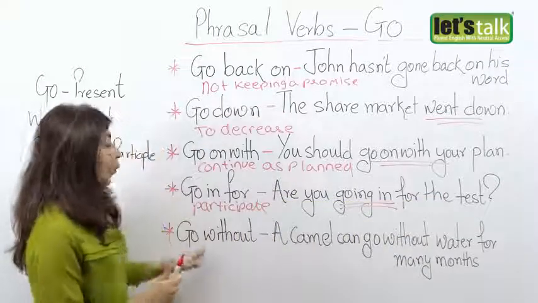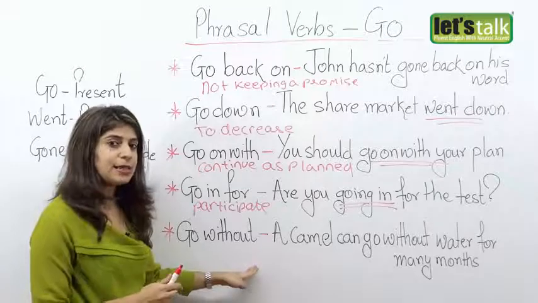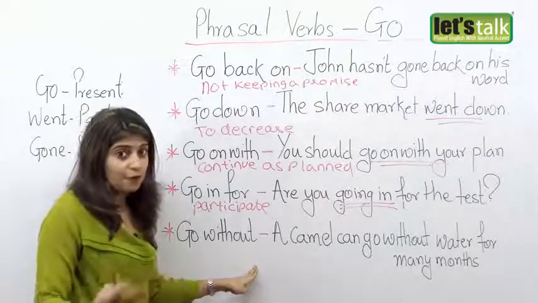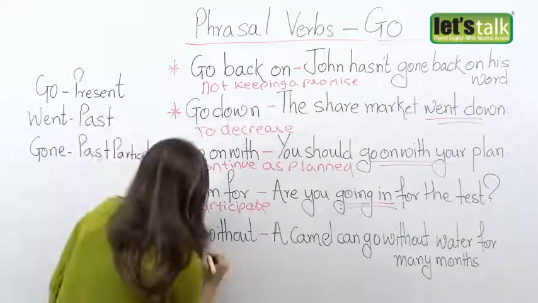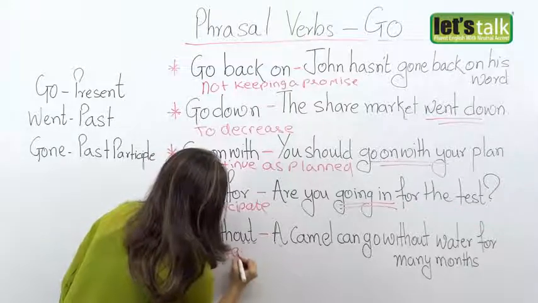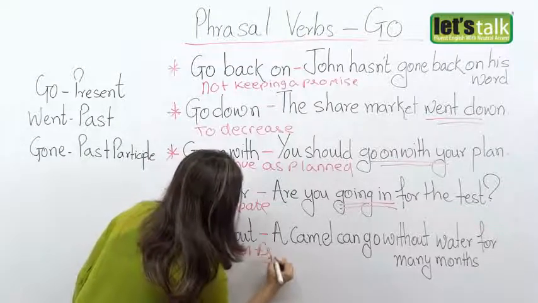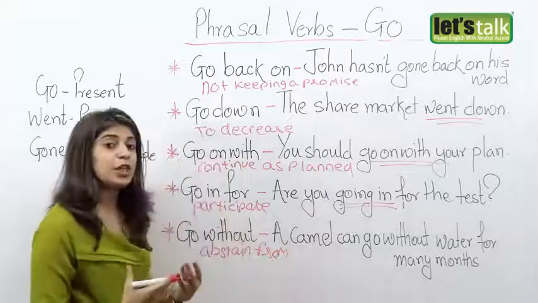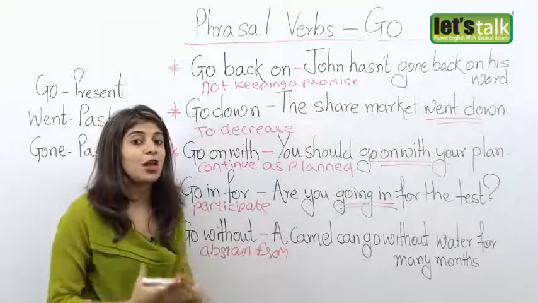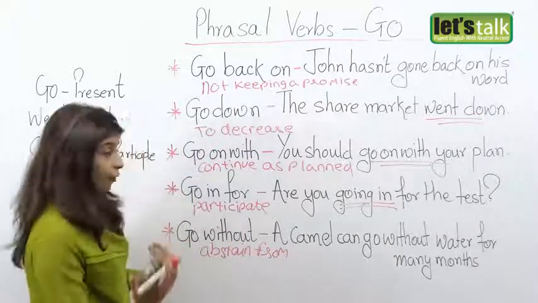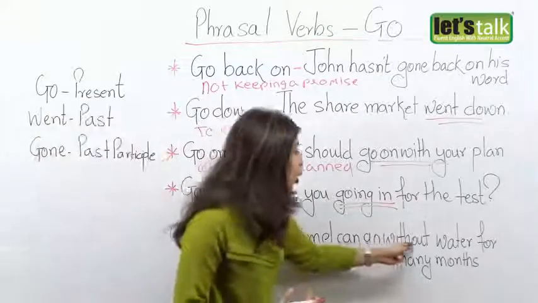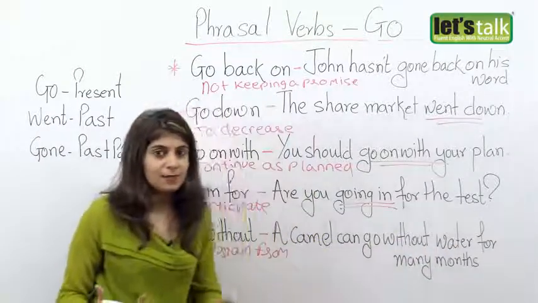Then we have go without. Go without means to be absent from, or something that is not used or not needed, okay? For example, a camel can go without water for many months, right?